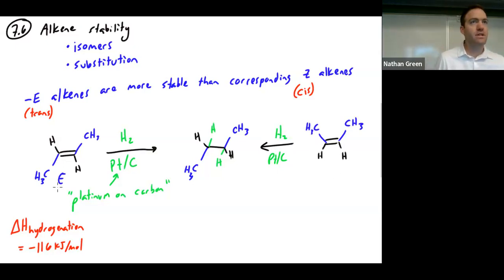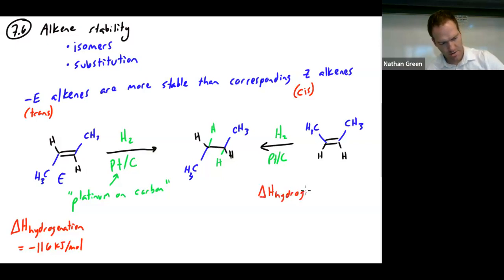So this molecule is E-2-butene. This molecule is Z-2-butene. When I run the reaction over here, my delta H of hydrogenation is equal to negative 120 kilojoules per mole.